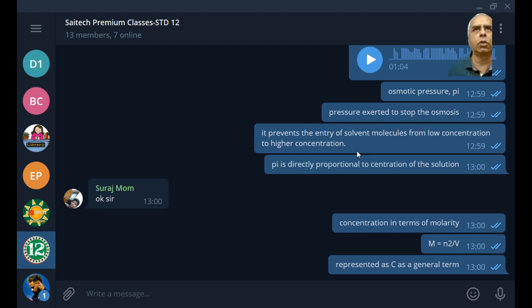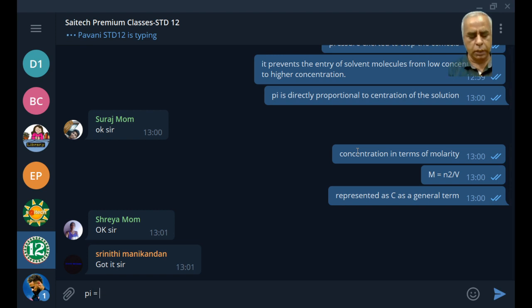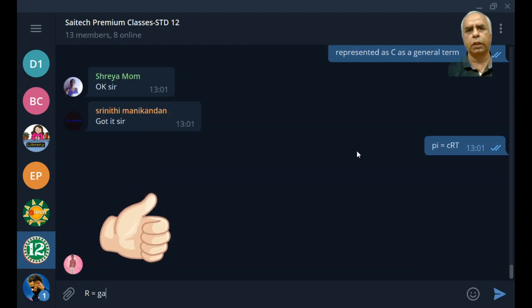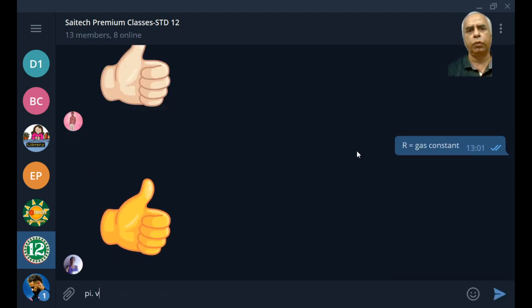Therefore pi is equal to C into RT, where R is the gas constant. So pi into V is equal to N2 into RT.